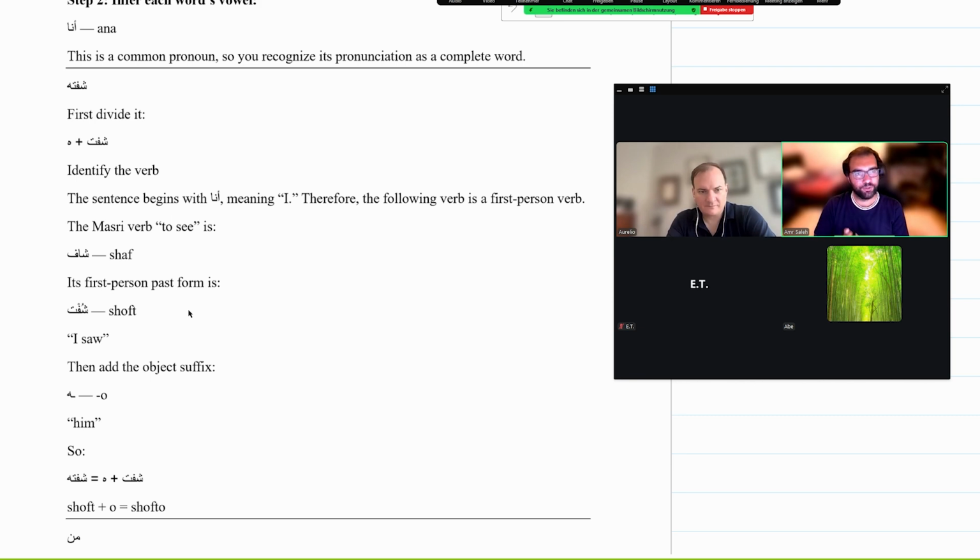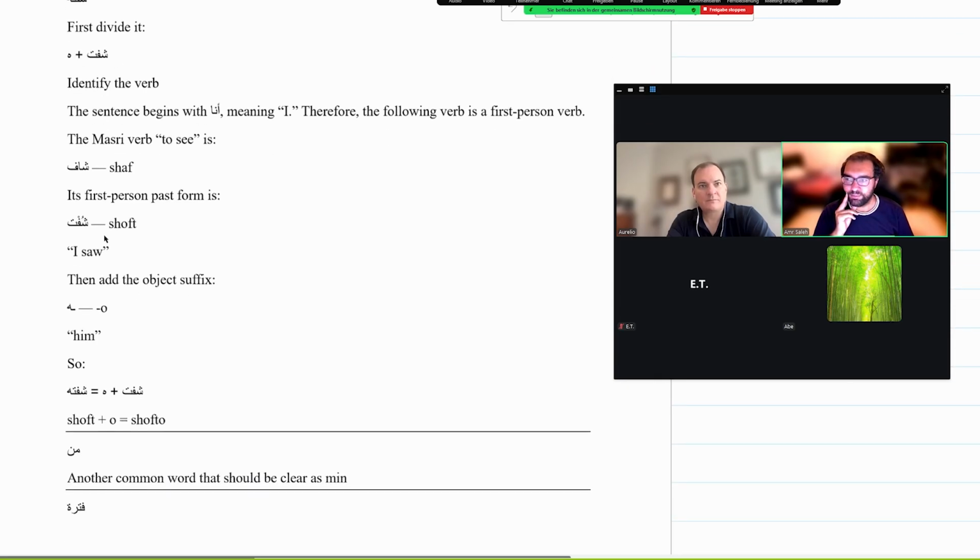So if you know how to conjugate the verb, you already figured out how to pronounce it. To see in the present singular is going to be shuft. And then you have the suffix, that's an o. So shofto.